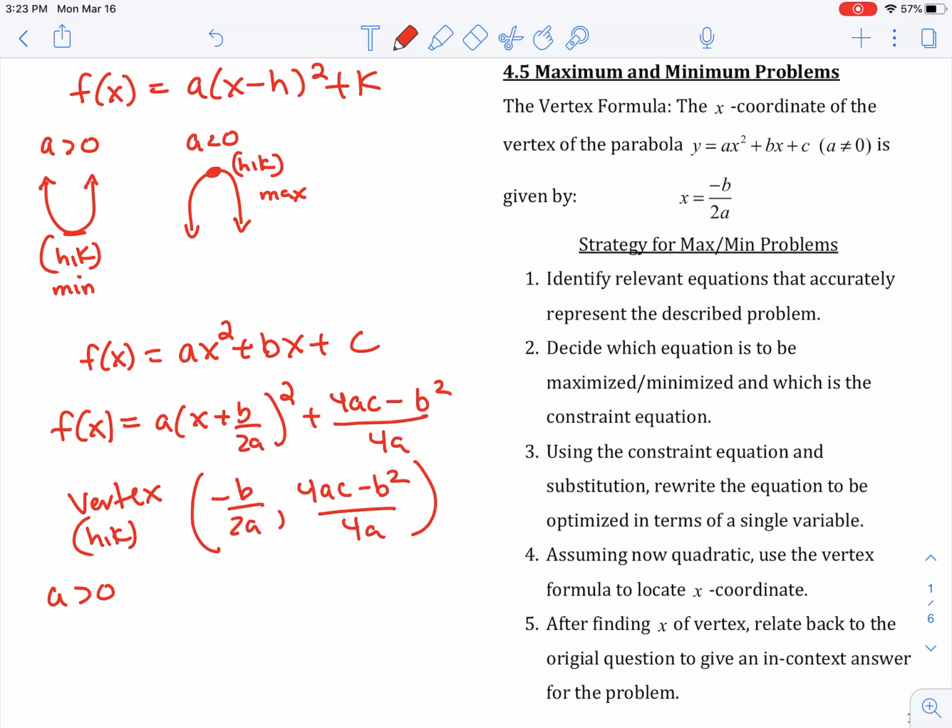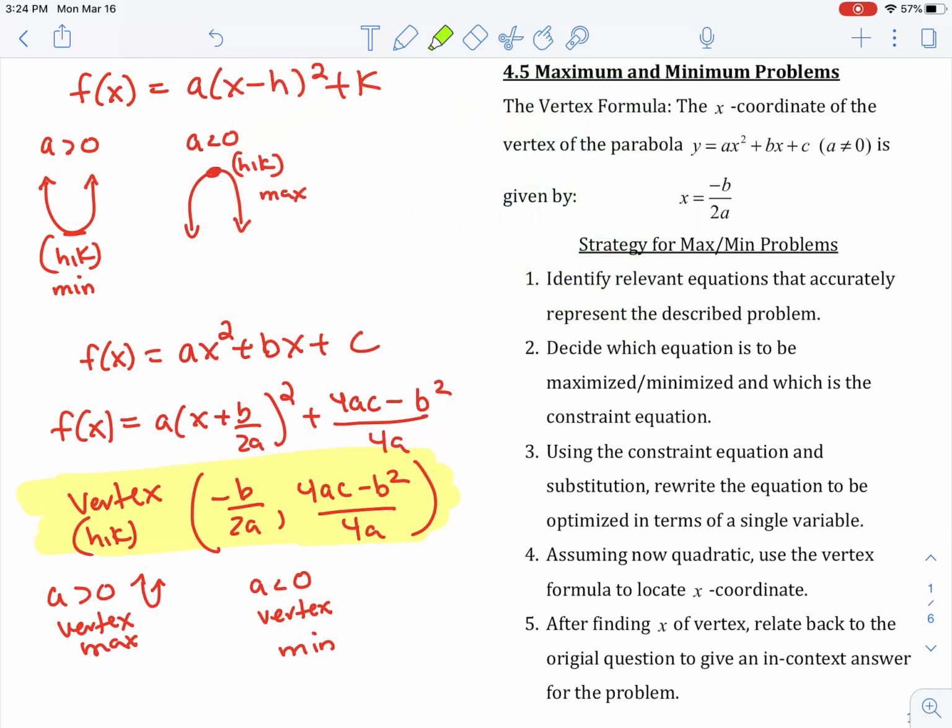And depending on if a is positive, where we know that our graph is going to be opening up, so our vertex is going to be a min, or if a is negative, where our graph opens down and our vertex is going to be that highest point, which would make sense that we're talking about a max. This is what we want to be focusing on, is that vertex.